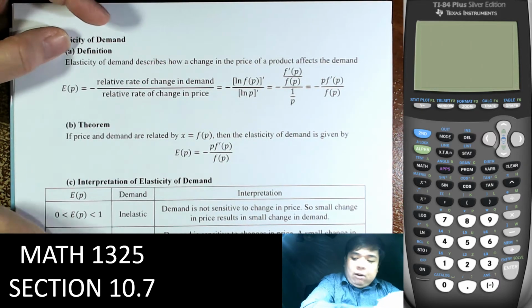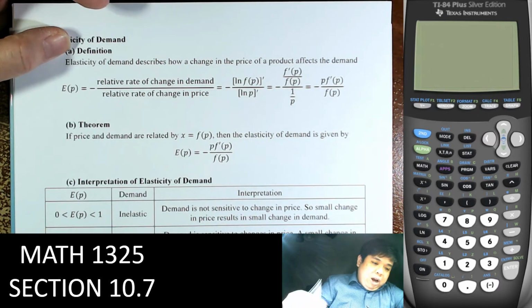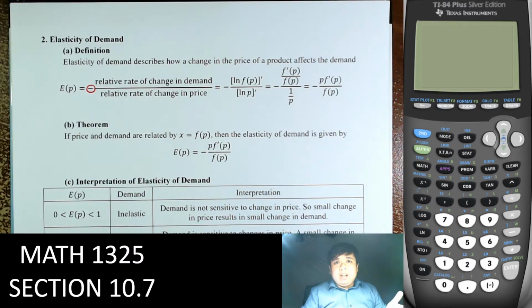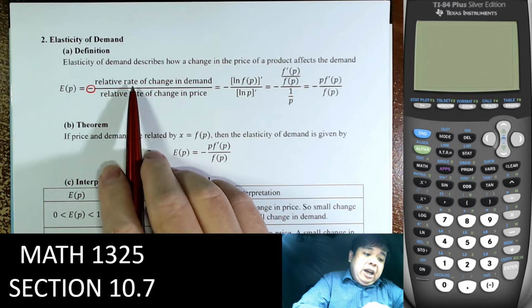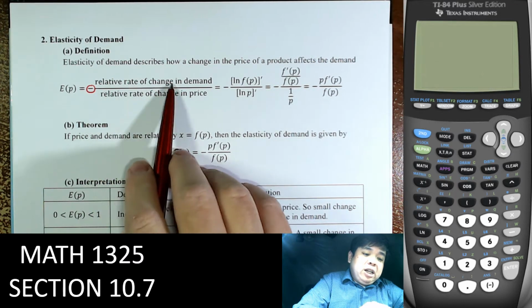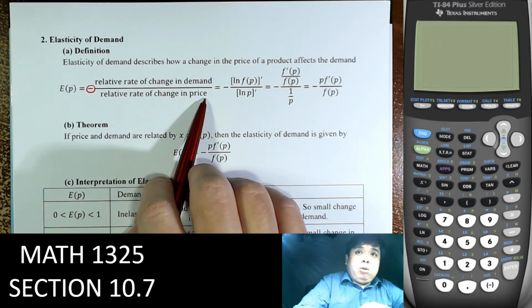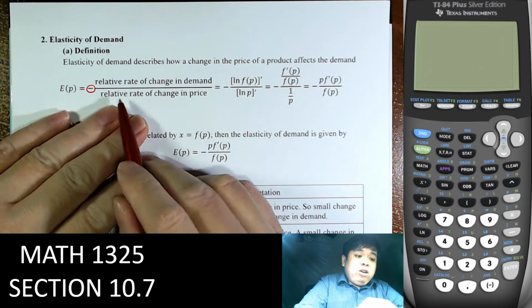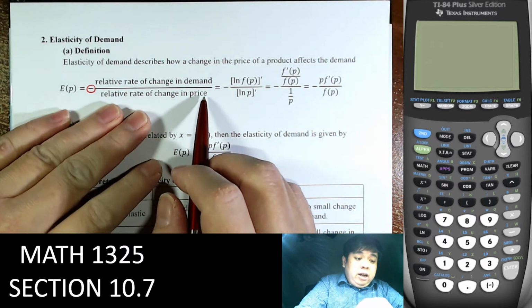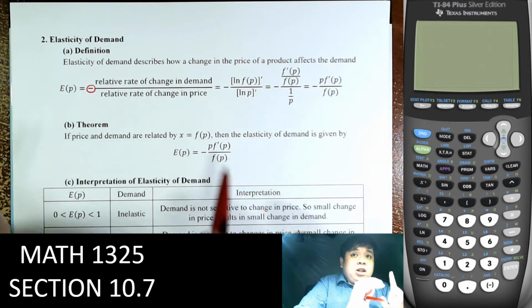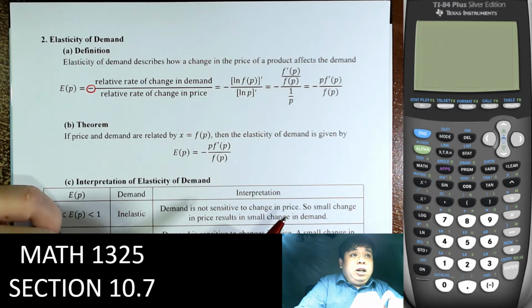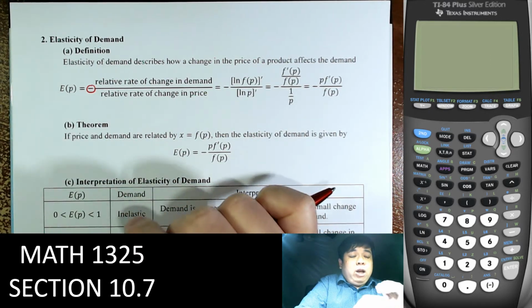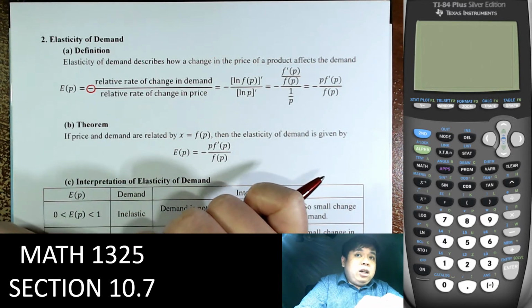Now, if you wonder where the negative comes from, well, the reason for the negative is this. Consider the relative rate of change in the demand and the relative rate of change of the price. If the price is increasing, the relative rate of change will be positive. If the price is increasing, the demand will be decreasing. If the price is higher, people will be less likely to buy it, right?